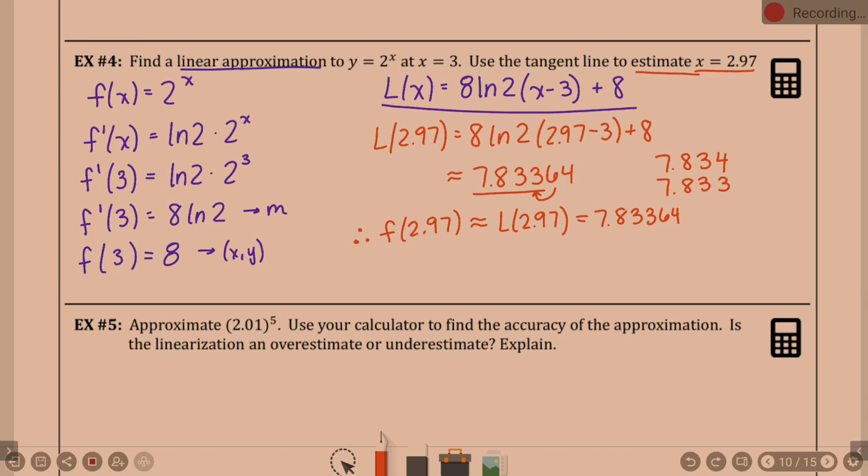It automatically pops up. He had 2 but didn't put the parentheses, so 2.97 minus 3, but then he also put plus 3 at the end too. I'm very tired today. I'm impressed you got it that close. Yeah, it was like 8 point something. That works perfectly fine. So hitting the right buttons on the calculator at the right time might help.